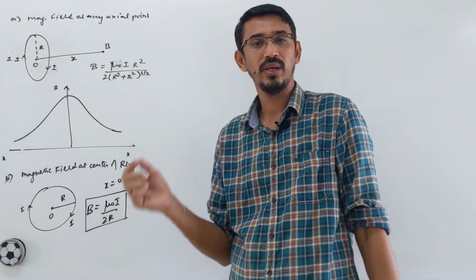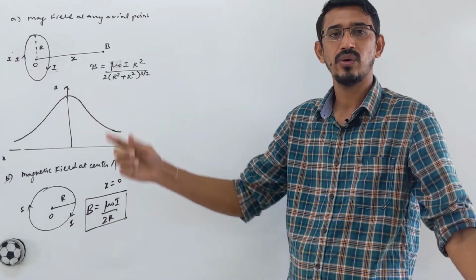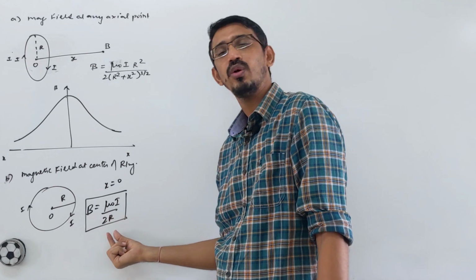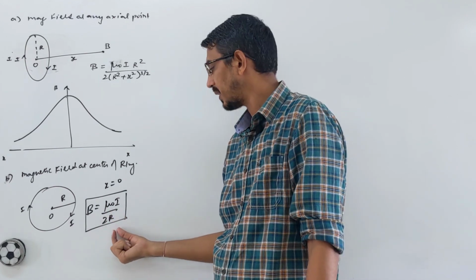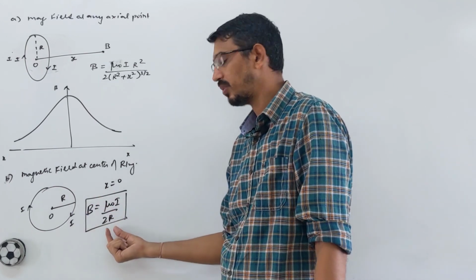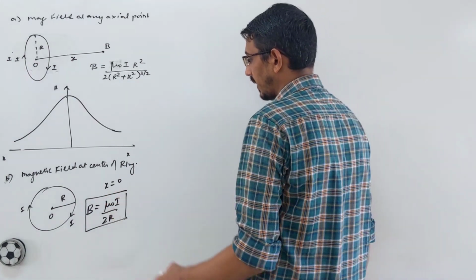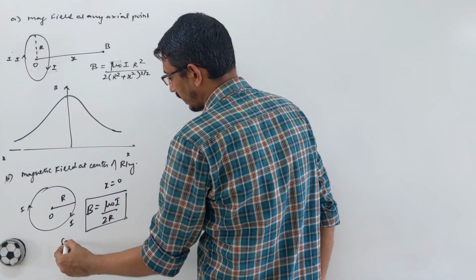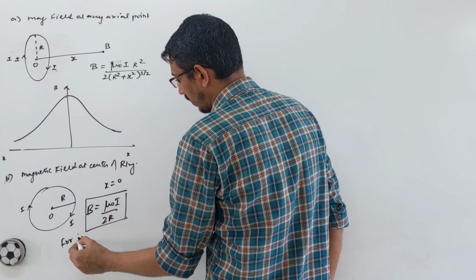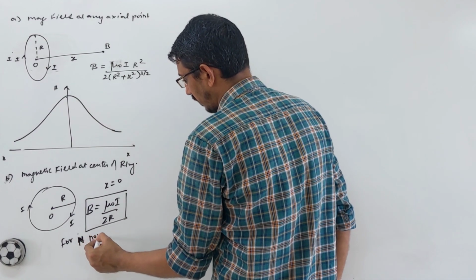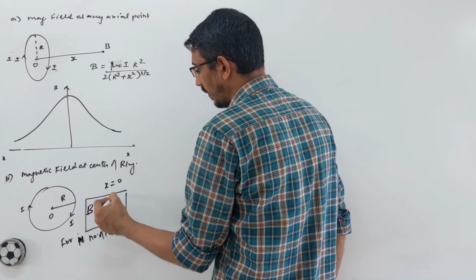Remember the wire formula, for an infinitely long wire the general formula is mu naught I upon 2 pi r. Pi is there, right? For a ring, it's just mu naught I upon 2r. Here, if the number of turns n is given, this is the magnetic field due to a single loop.